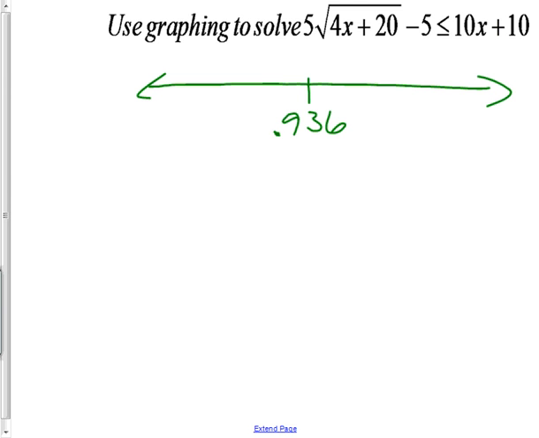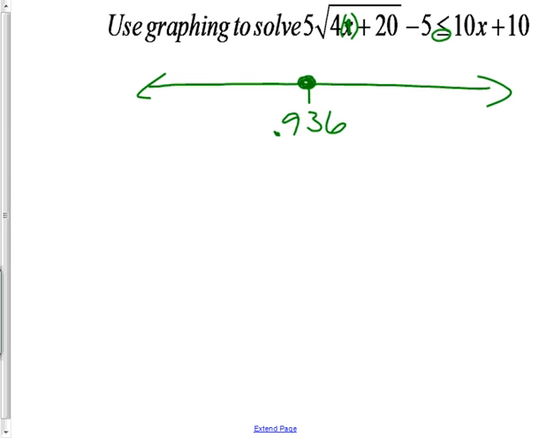Does the 0.936 itself work? You can look at that and say, what? Yes, it works. And now, is it the things that are bigger than that or smaller than that that work? Test something bigger than 0.936, like what? Well, you could try 1. The problem is you're going to have the square root of 24 to do, and that's not so nice. So I would try the number 4.